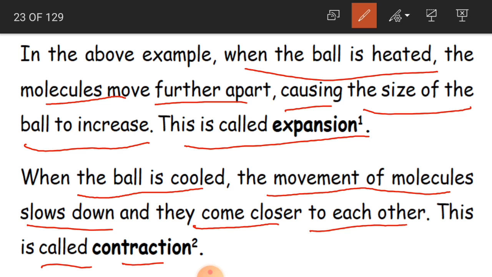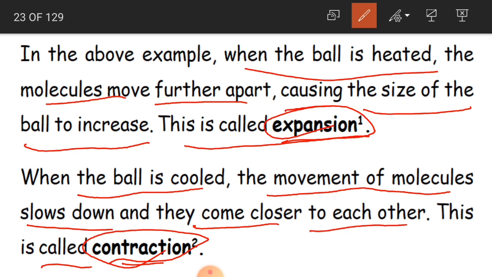So when the ball is cooled, what happens? The movement of molecules, again, their activity is going to slow down and they are going to come closer to each other, and this is nothing but contraction. Clear, children? You have to remember these two words, expansion and contraction. What is expansion?